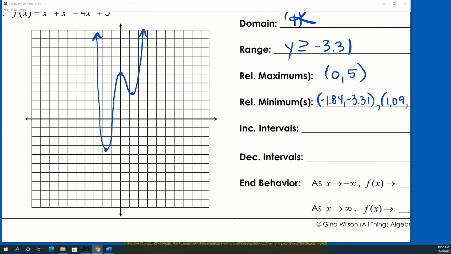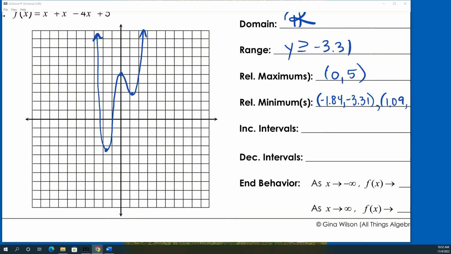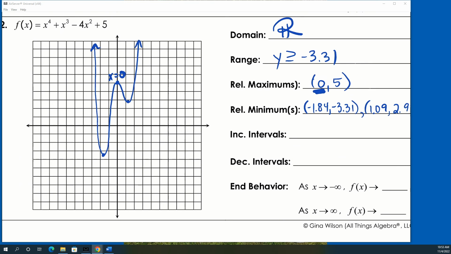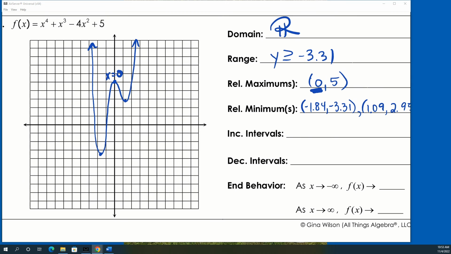Okay, one more, and I'll let you guys finish it up on your own. So I'm going to go ahead and look at my relative maximum. I know that at my relative maximum, x is 0. Now I have two relative minimums, so I know that this one, the x is negative 1.84, and this one, the x is 1.09.